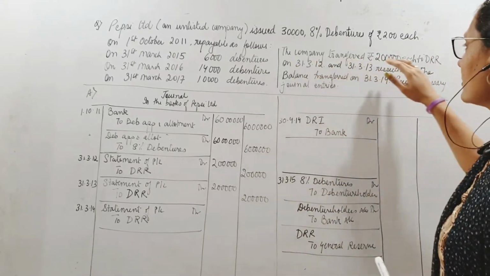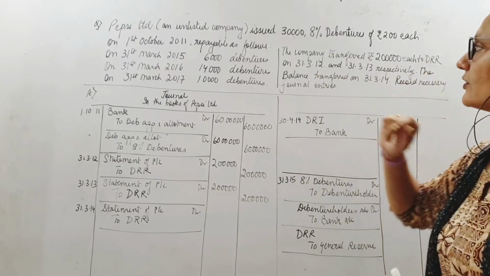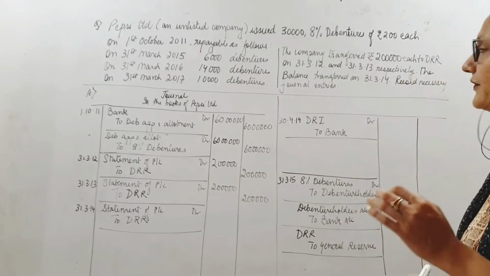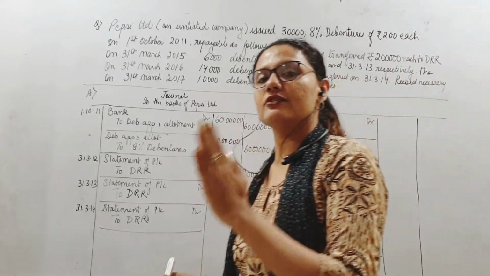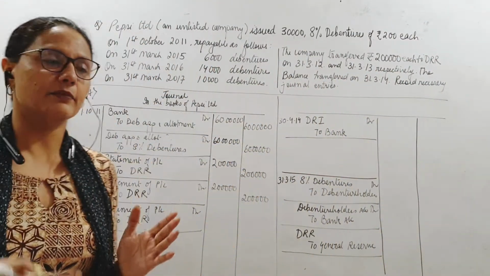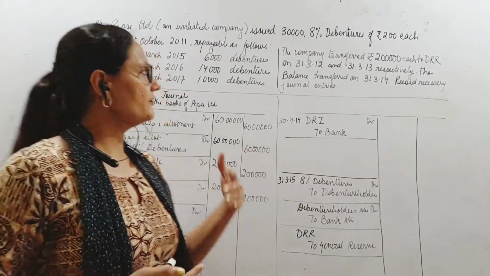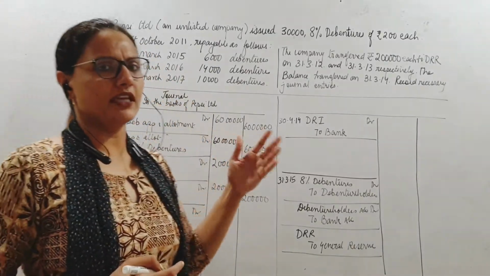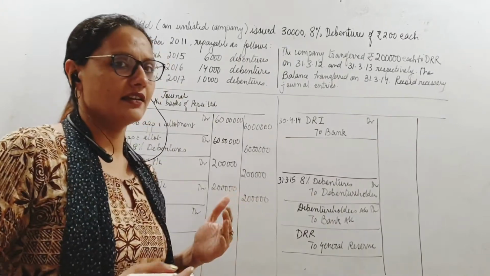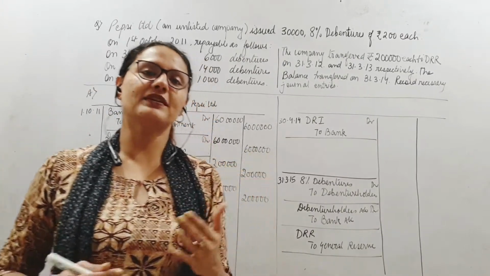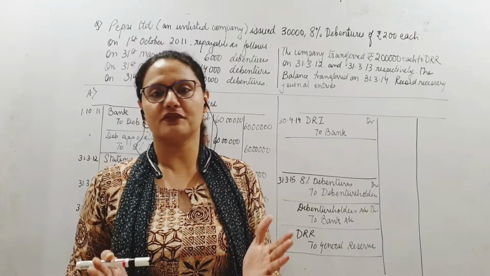The company transferred 2 lakhs each to DRR on 31st March 12 and 13 respectively. So DRR is being created in a phased manner, not all together, because we know that 31st March 15 onwards we have to redeem. So let us start creating the DRR, which is 10%. Yes, 10% of the total outstanding debentures we have to create.